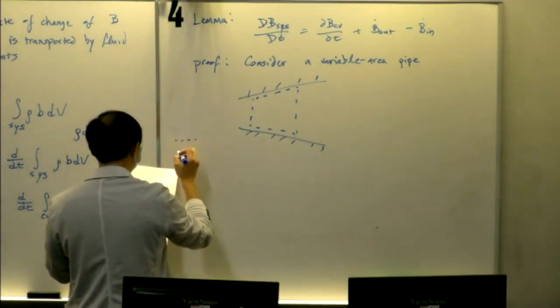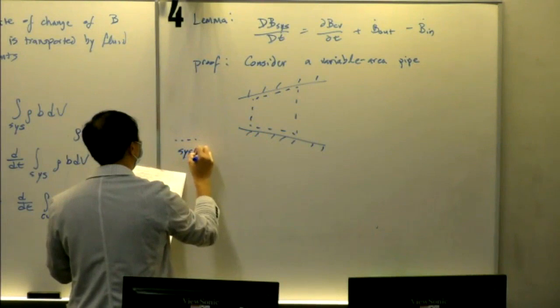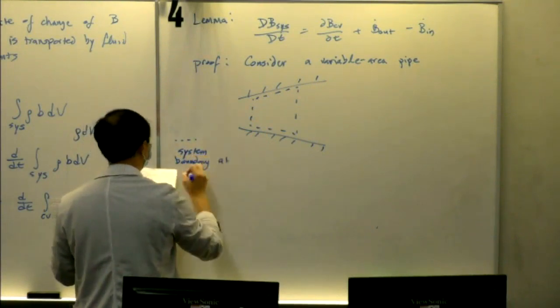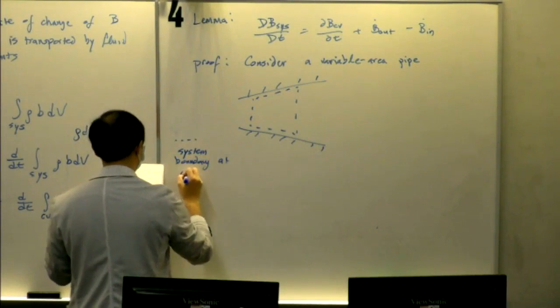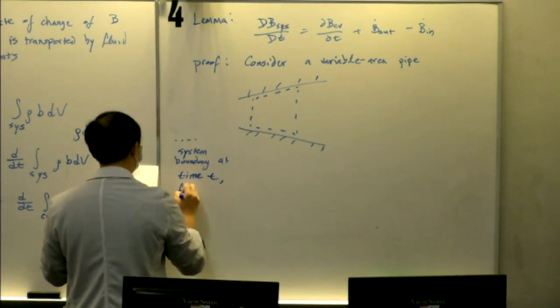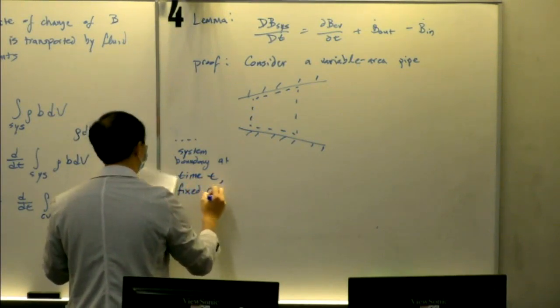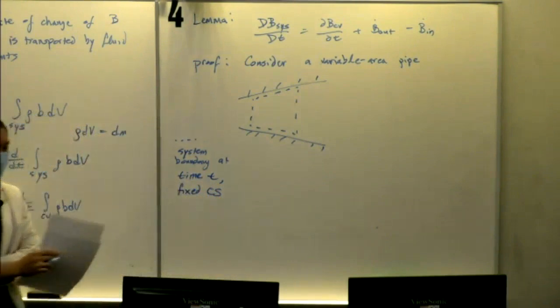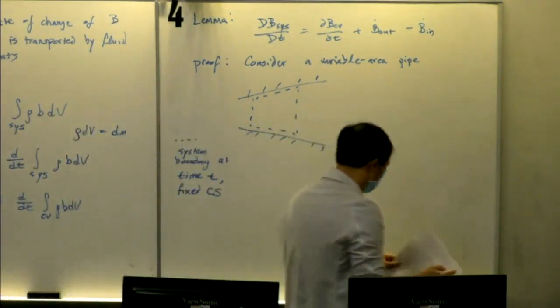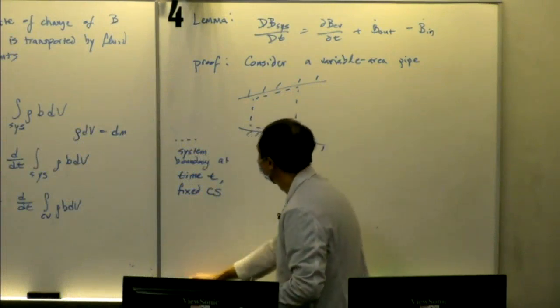So the dotted lines are going to be the system boundary at time t. It's also going to coincide with my control surface. So I'm going to keep my control surfaces on this dotted line, and my system boundary is going to start there.